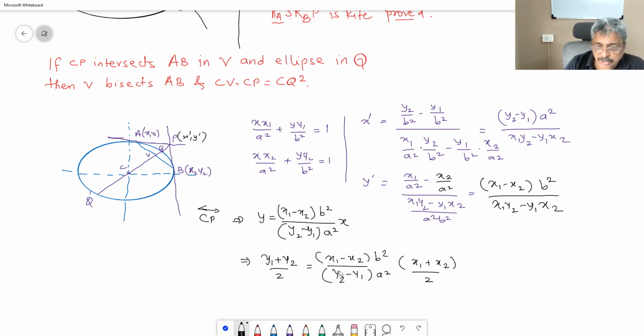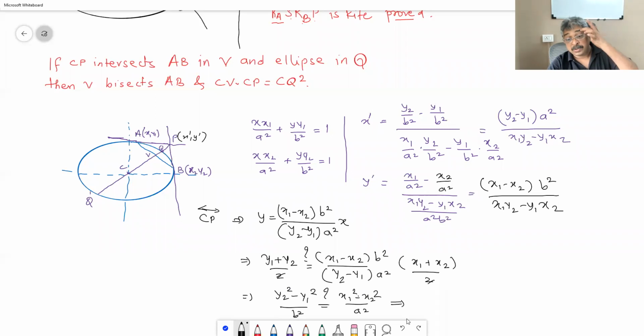Is this equality true? The 2 is cancelled. We get y2 square minus y1 square upon b square. Is that equal to x1 square minus x2 square upon a square? Is this true? So what do you think?